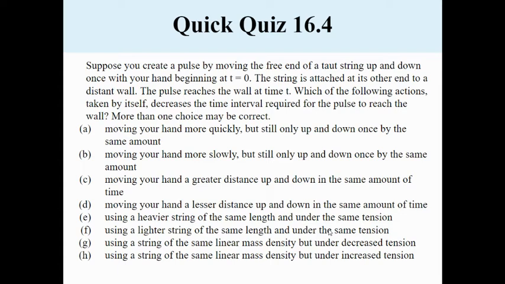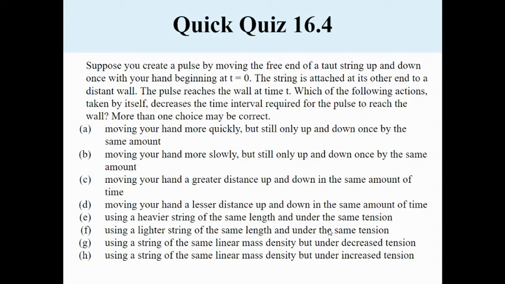And this pulse, you're moving it up and down, so we're creating kind of a sine wave of sorts. And on the other end, it's pegged to a wall, and after time t, our pulse reaches it.